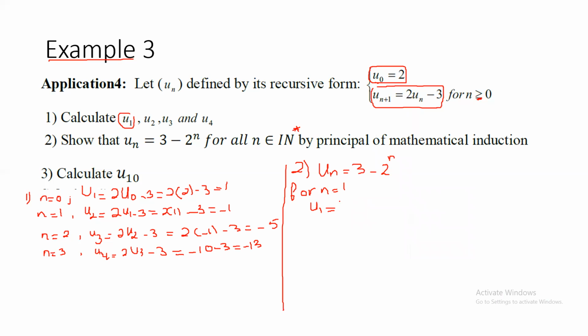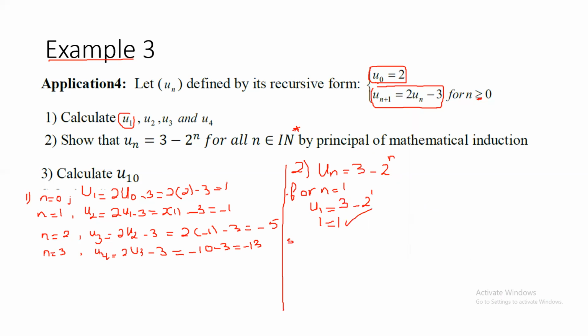For n equal 1, I have to prove U1 equals 3 minus 2 to the power 1. U1 is 1, and 3 minus 2 is 1, so 1 equals 1. It is true. This is the first step.